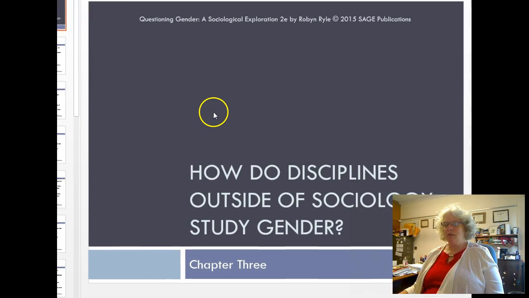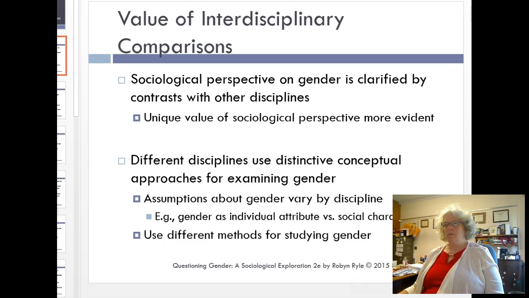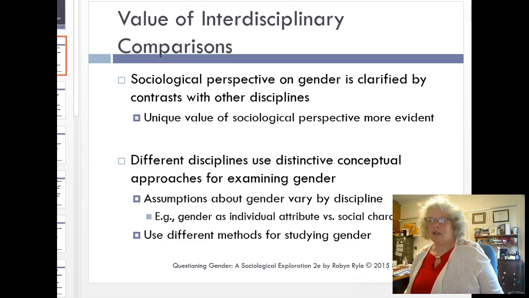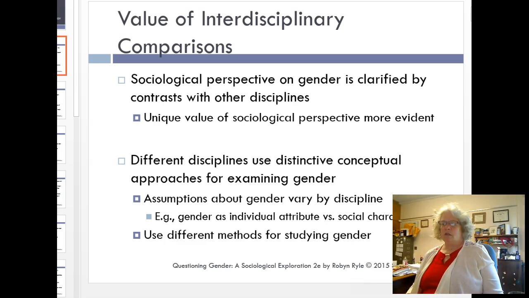But how do disciplines outside sociology study gender? Well, first of all, the sociology perspective on gender is really clarified by contrasting it with other disciplines. Disciplines like psychology and economics will focus on different areas than we do in sociology.